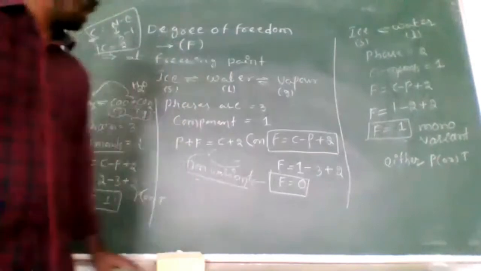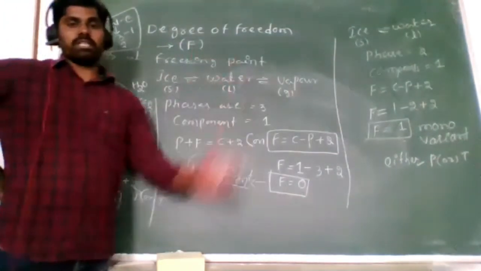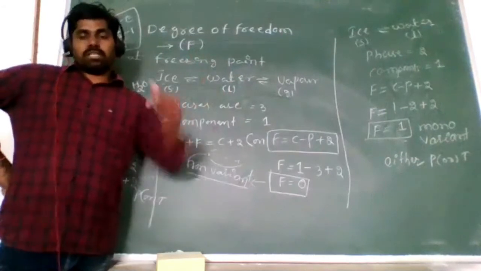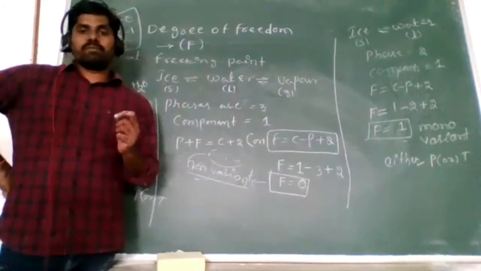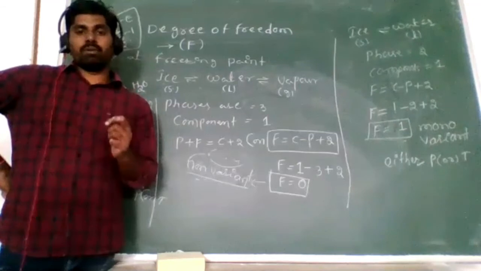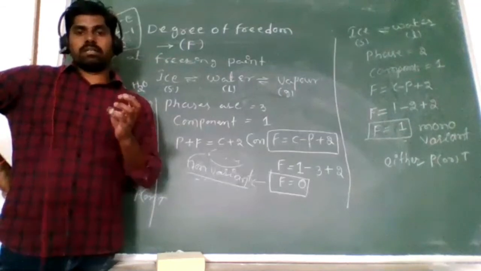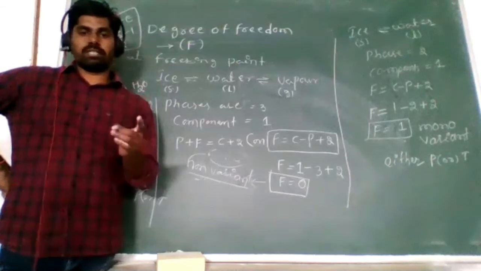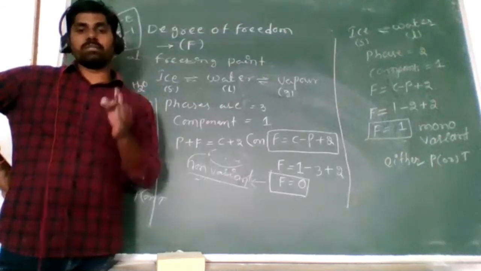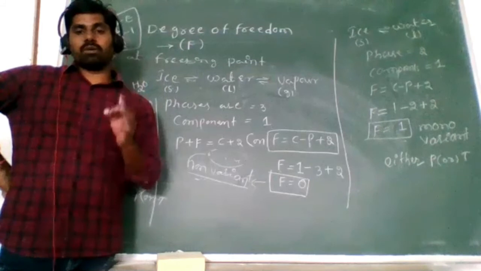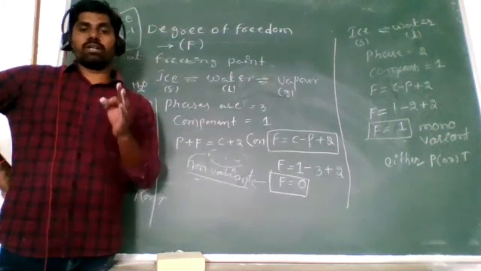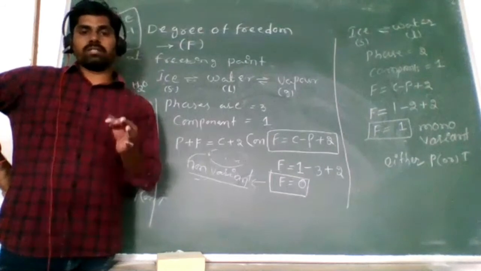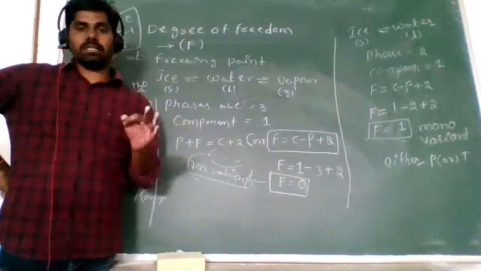So once again, I can repeat the degree of freedom. What is the definition? Degree of freedom means the minimum number of independent variable factors such as pressure or temperature or concentration which are to be specified in order to define the system completely.